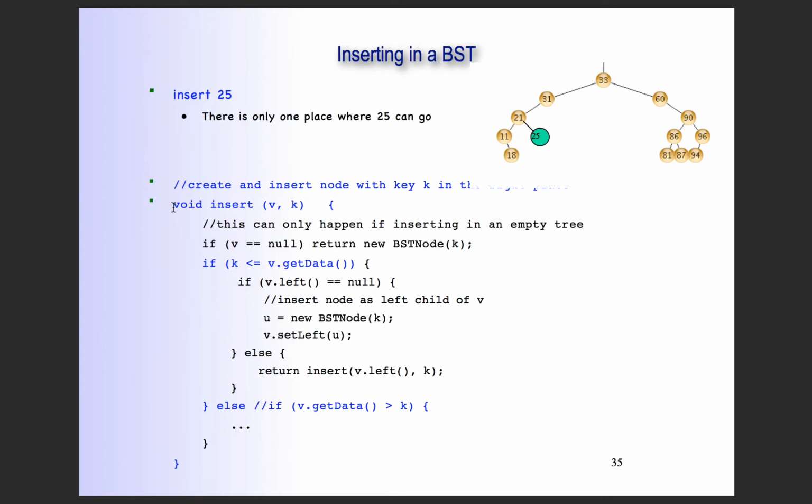So you can see the insert algorithm: if v is null, this is your base case, then it basically returns the new node with your data. Then you compare: if k is less than the data of the node, then you go to the left side, and if the left side is null, then you insert the data.